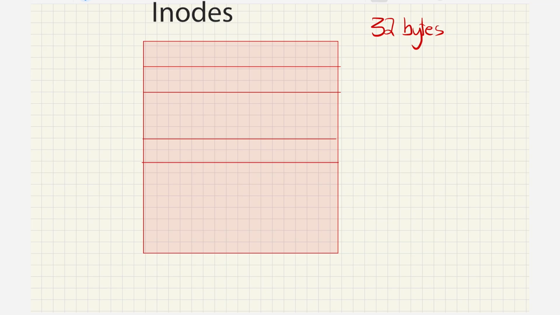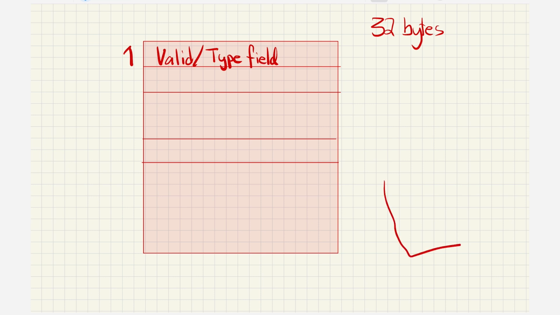Alright, so from top to bottom, the first 1 byte field is called the valid/type field. So this contains basically two things. So if we were to look at this as its own field, the last bit, so these are bits and not bytes, the last bit is the valid bit.